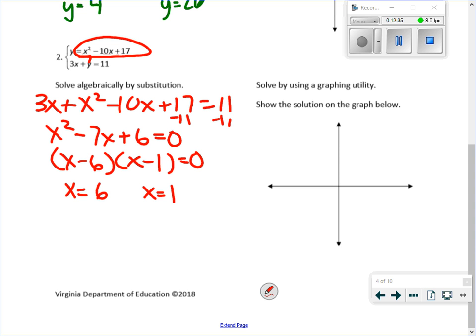But if I'm using my calculator, what does my second equation have to look like first? Y equals, right. So take a second and solve your y's, check it with the calculator, and then we'll check back in together. So when your x was 6, what was the y value that you got with it?